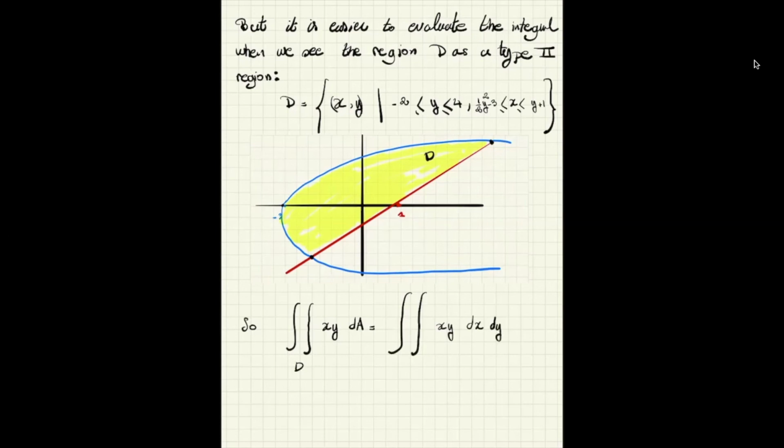Now x is between 1/2 y squared - 3 and 1 plus y, and then y is between -2 and 4. Okay, makes sense?